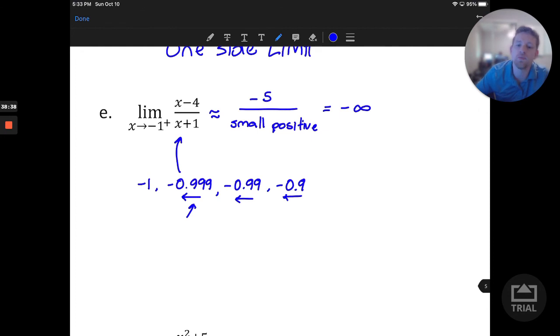So the smaller my denominator is for a fraction, the larger the number is. And so as that denominator gets closer and closer to 0, that whole ratio will tend off towards infinity. And since we do have a negative here, that will be the -infinity direction.